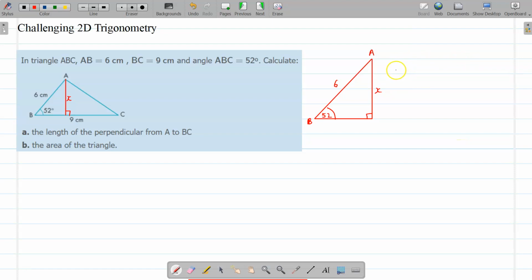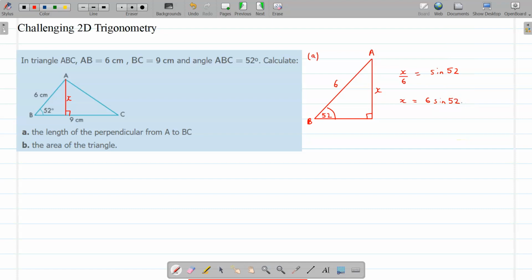So for part A, the opposite over the hypotenuse is equal to the sine of 52 degrees, and we have an equation to solve in X. If we multiply both sides by 6, we get that X is 6 times the sine of 52.